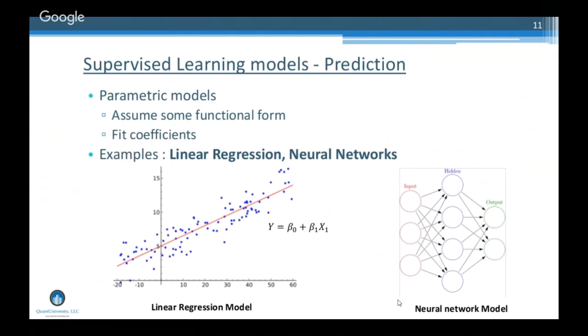Now, in the context of neural networks, rather than making an assumption that the model is linear, nonlinear, cubic, or some kind of polynomial, you set up a structure. You say these are my inputs, these are my expected outputs, and then you provide the definitions for the various layers.